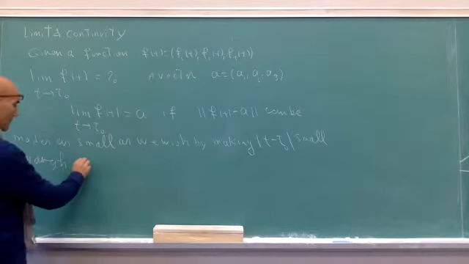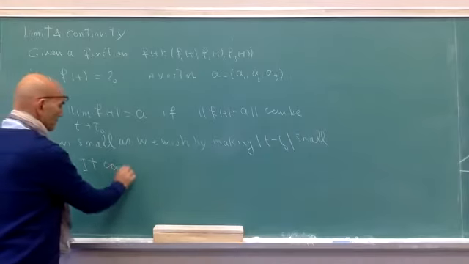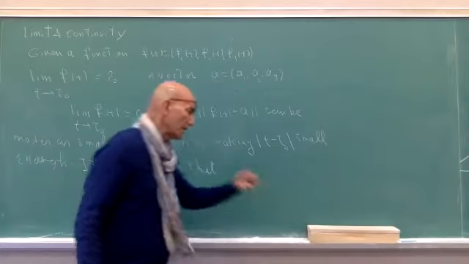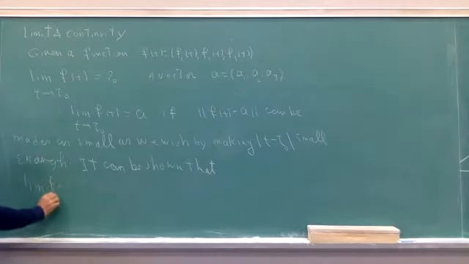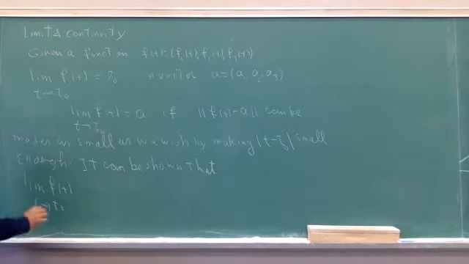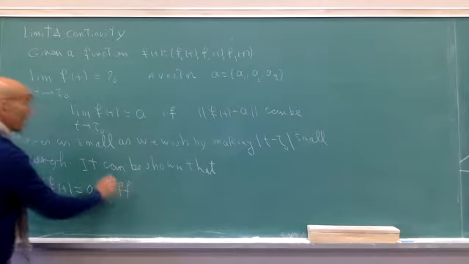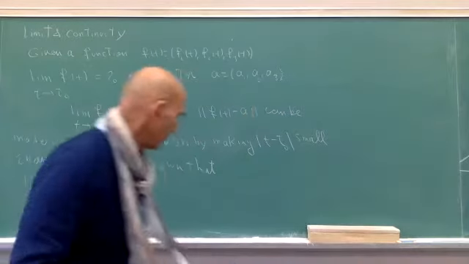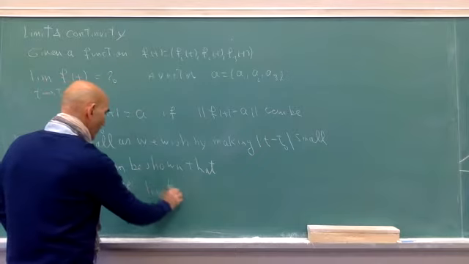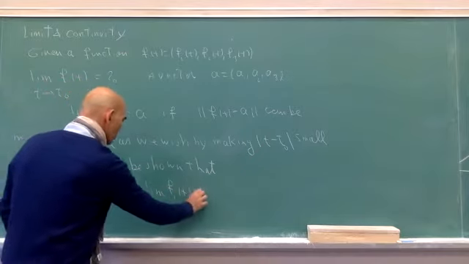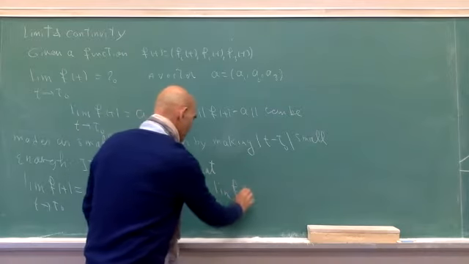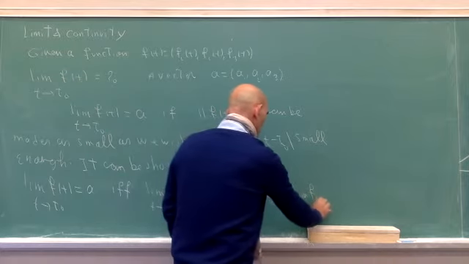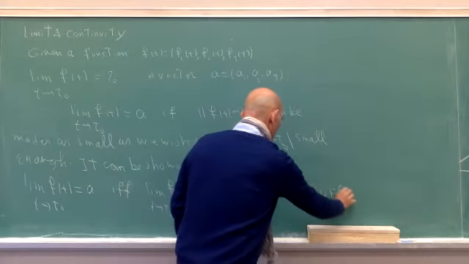Then it can be shown that this limit as t goes to t0 is equal to A if and only if each of those components has a limit and they converge to the corresponding components of A. So if and only if the limit of f1 of t as t goes to t0 is equal to a1, the limit of f2 of t as t goes to t0 is a2, and the limit of f3 of t as t goes to t0 is equal to a3.